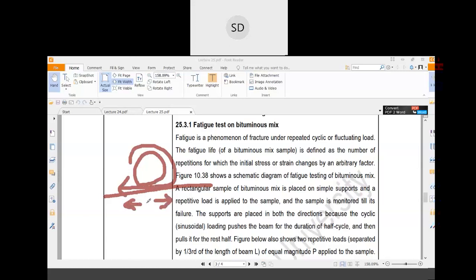Because of the tensile forces, the top surface of the pavement is seen to form different cracks or fail. So this failure of the top surface of the pavement because of repetitive tensile loading conditions is called fatigue failure.